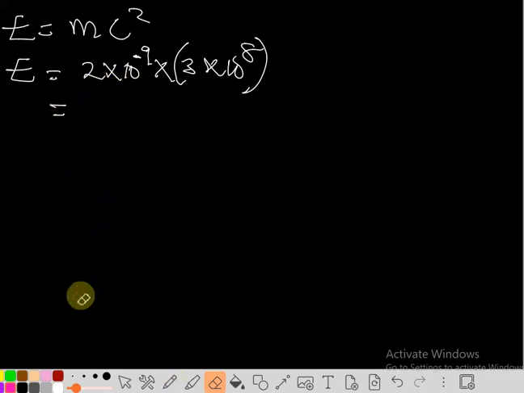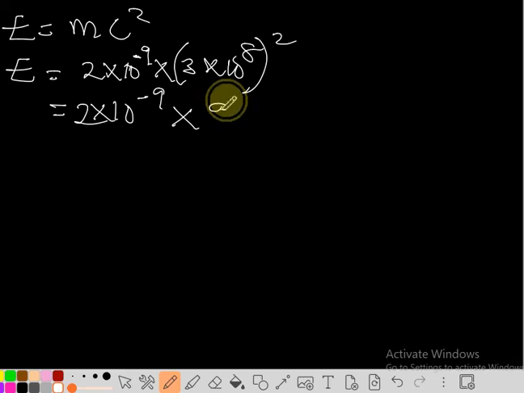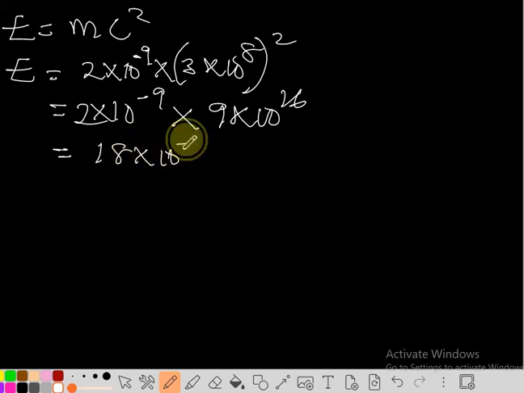So 3 squared gives 3 times 3, 9, times 10 raised to 8 times 2, which is 16. So 2 times 9 will give 18 times 10 raised to minus 9 plus 16, which will give 7.